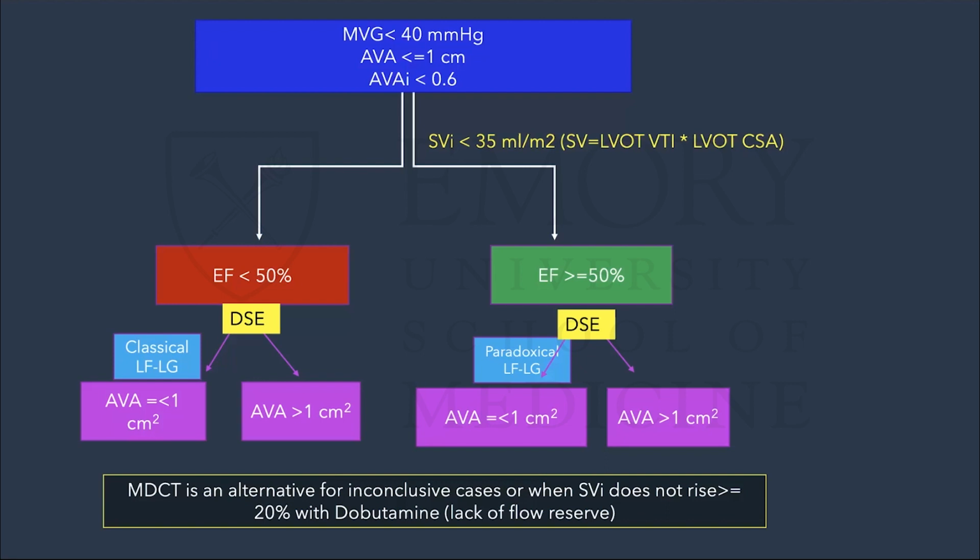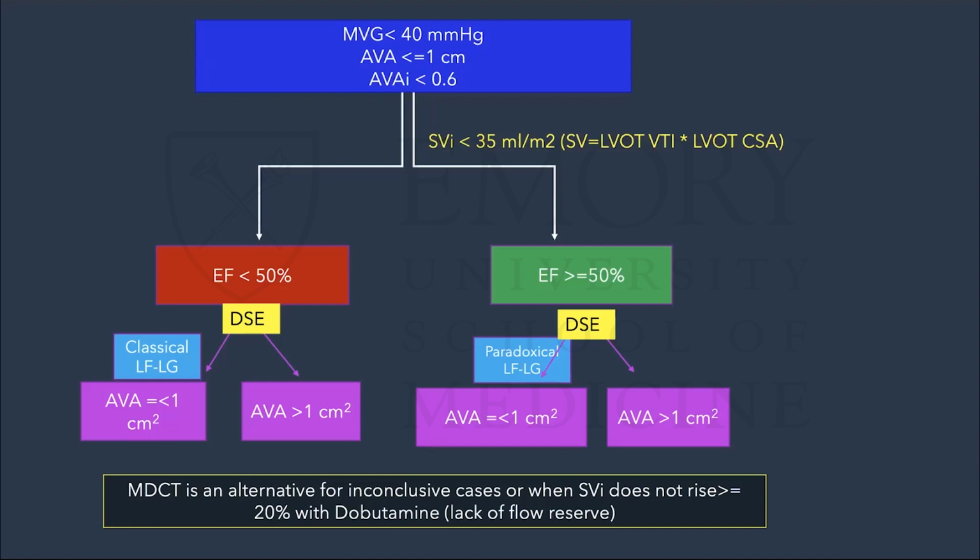In those who are EF reduced, if their valve area, despite the dobutamine stress challenge, remained less than 1 centimeter, then they are classified as classical low flow, low gradient aortic stenosis. Among those whose valve area increases with dobutamine stress echo, those patients are considered not to have severe AS if they don't meet other criteria, which I will talk about in the next slide.